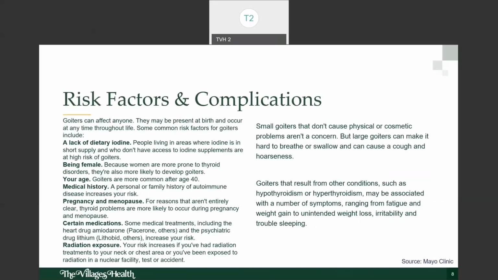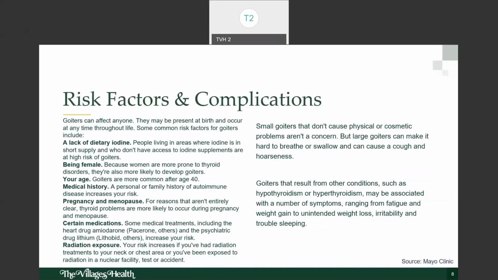But large goiters can make it difficult to breathe or swallow and can cause the cough or even hoarseness that we discussed earlier. Now, goiters that result from other conditions like hypo or hyperthyroidism may be associated with a number of other symptoms, from fatigue, weight gain, even weight loss, some trouble sleeping, or even some unusual irritability.